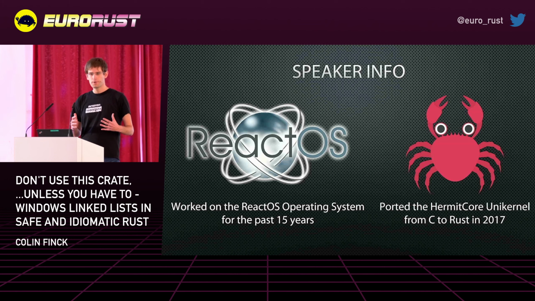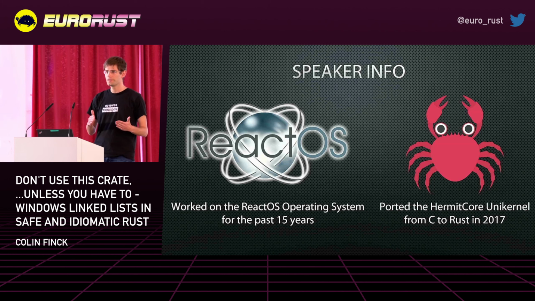I actually took the red pill in 2017, and it opened up the entirely new world of Rust to me. I had the unique opportunity to work on Hermit Core, which is a unikernel developed at my university's institute. It's a C project, and I had the opportunity to port it from C to Rust as part of my master's thesis.